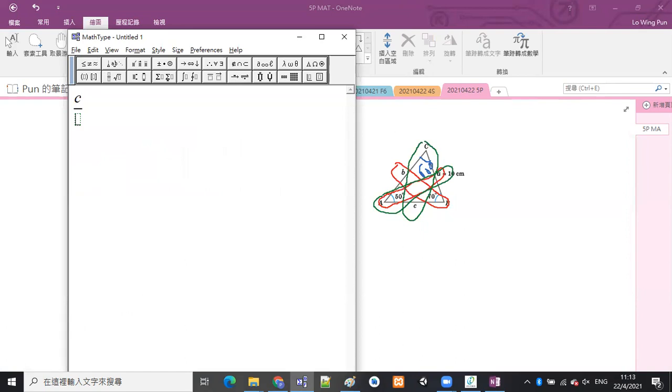So to find c, c is put on the top left corner and then divided by sine angle C, which is 60 degrees, is equal to the a pair, that is 10 over sine 50 degrees. Okay, and then c is equal to 10 over sine 50 degrees times sine 60 degrees. And then just use the calculator here. Should be 11.3 something.